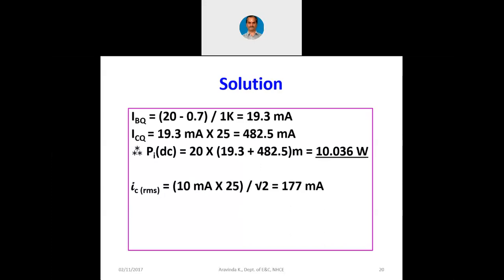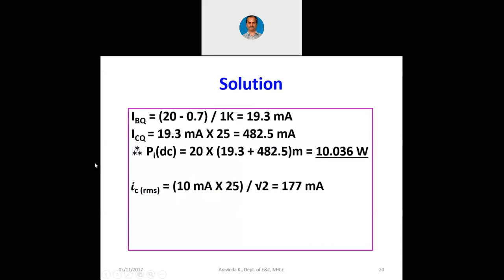We have seen that earlier also. So 10 milliampere into 25 divided by root 2. Why? Because he has told us 10 milliampere is the peak current. We are always measuring the RMS power. RMS is equivalent to DC, that we had seen yesterday. So IC RMS is 177 milliampere.